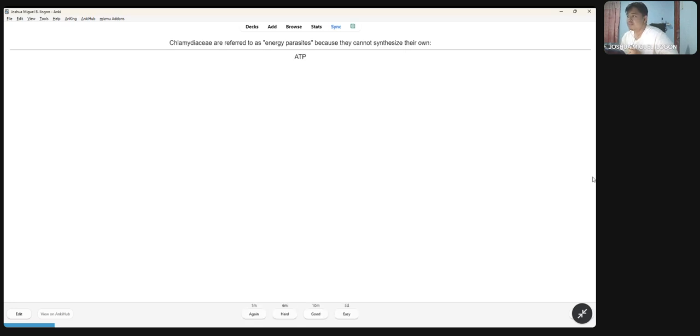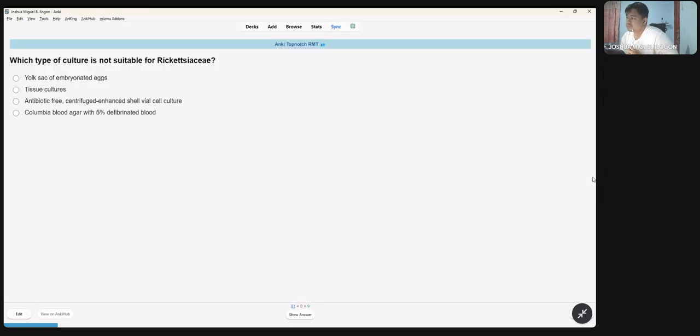ATP. Not suitable. Is it Columbia blood agar? Yeah, it's suitable. Streptobacillus moniliformis is.